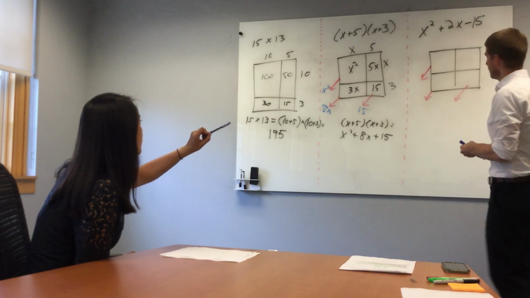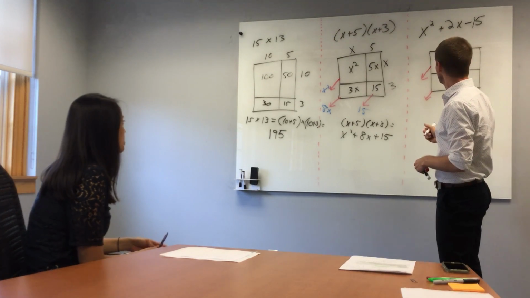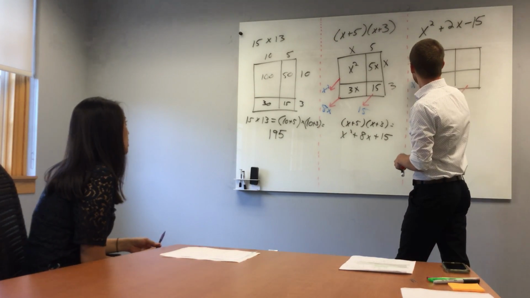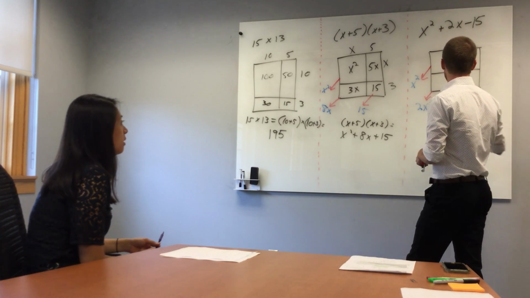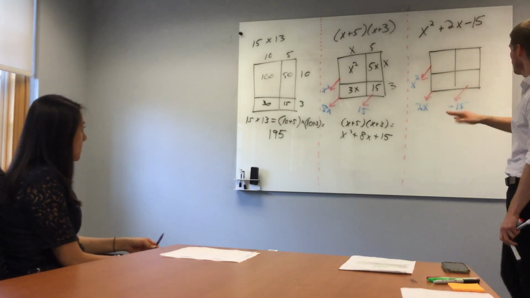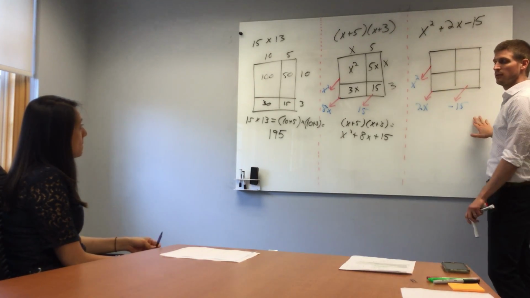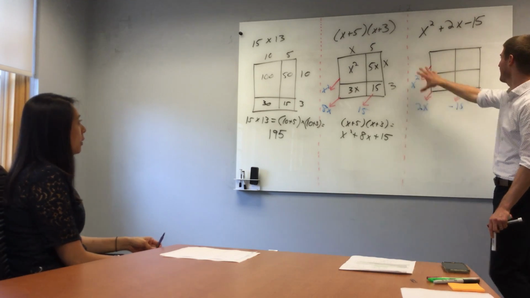So on the diagonal should be the x squared, the 2x, and then the minus 15. Okay. And so you called this your what? Use the I word. Solution. Okay. You also used the word product. Beautiful. You're going backwards.